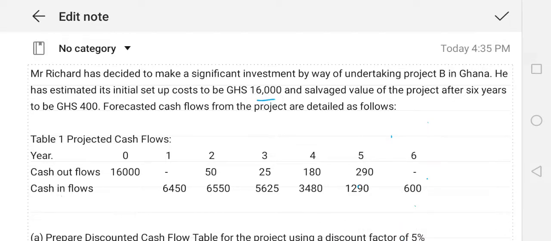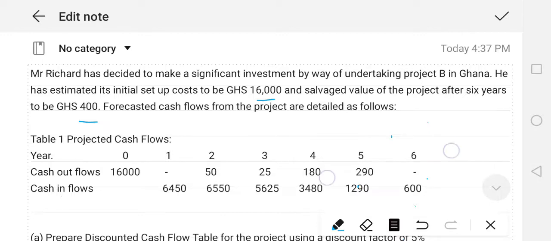We have the initial cost 16,000 and a salvage value of 400. So at the end of the project we will have a salvage value. It may be an equipment he wants to buy, or for instance a taxi he wants to buy. So at the end of the 6 years it has a salvage value of 400.